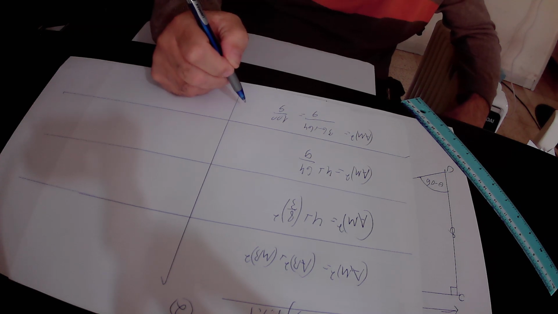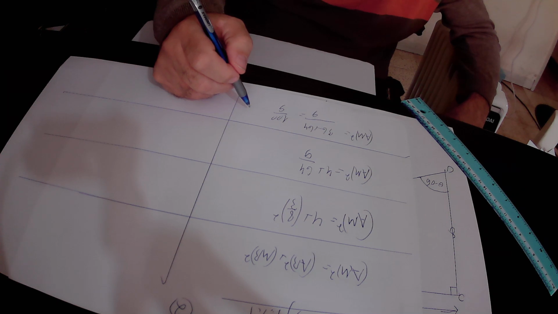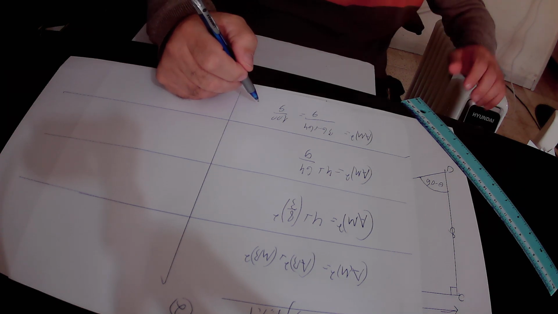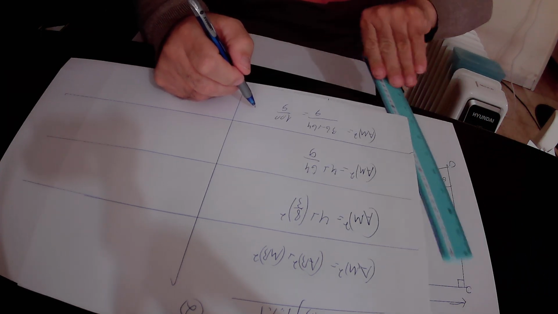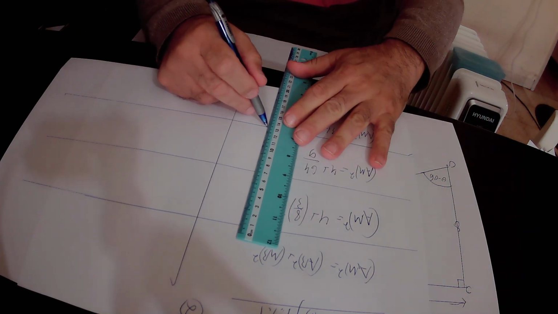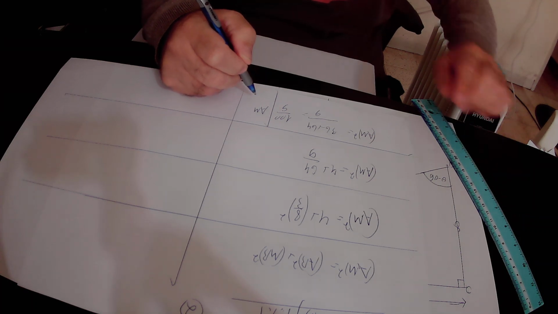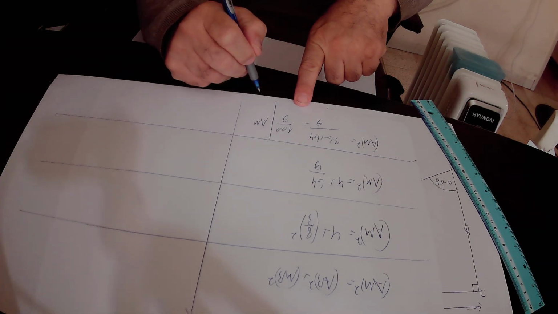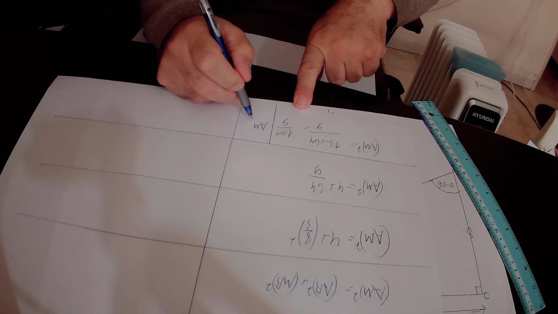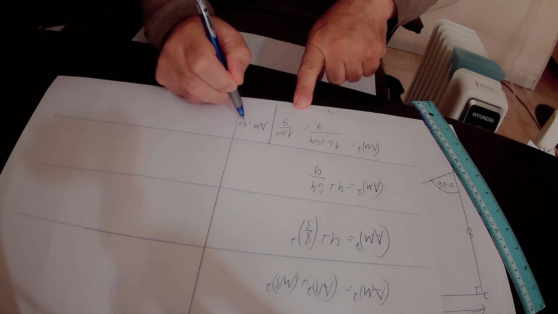We take the square root of this equation and we'll get that AM equals the square root of 100 over 9. The square root of 100 is 10 and the square root of 9 is 3.